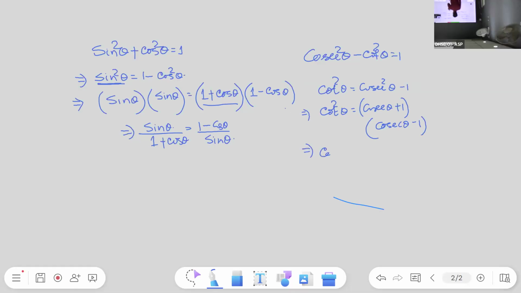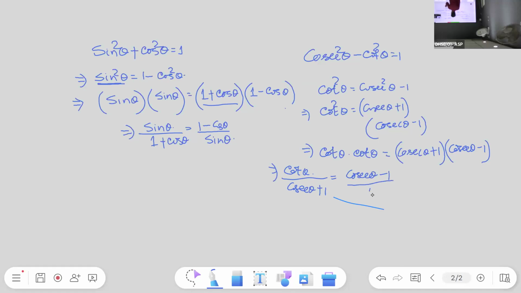This implies cot theta into cot theta equals cosec theta plus 1 into cosec theta minus 1. Okay, this implies cot theta upon cosec theta plus 1 equals cosec theta minus 1 upon cot theta. Okay.